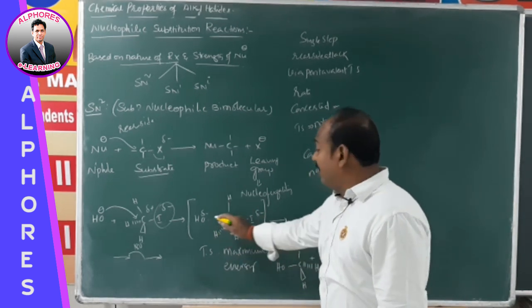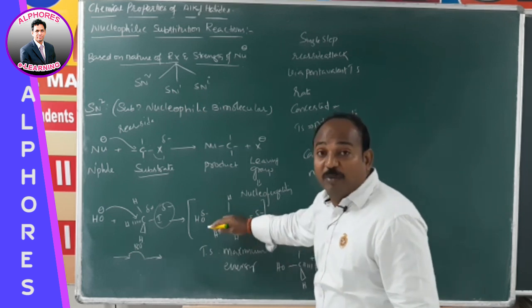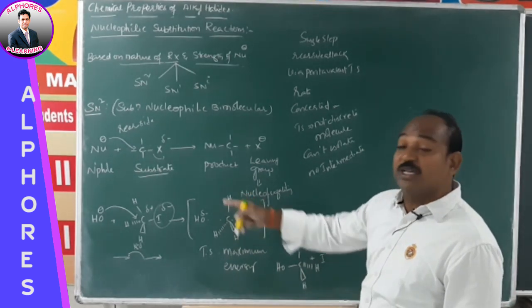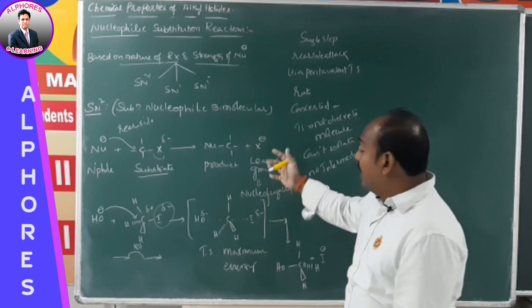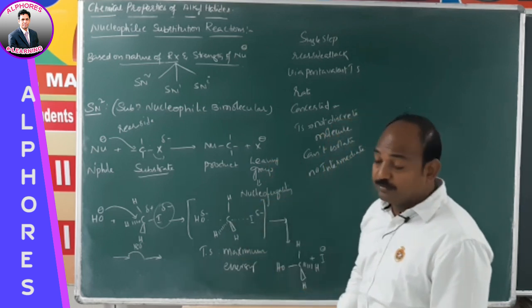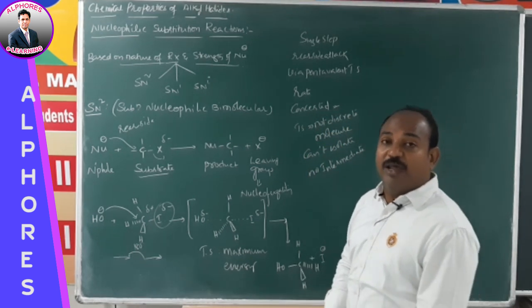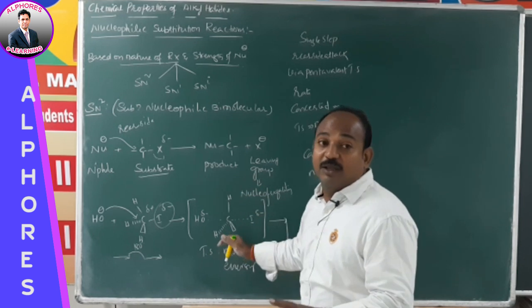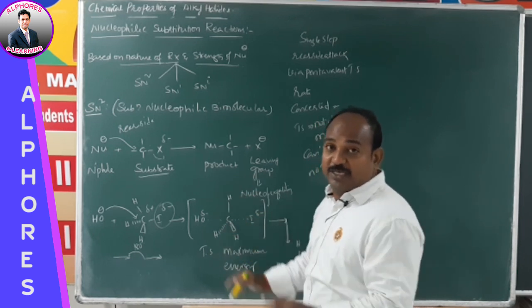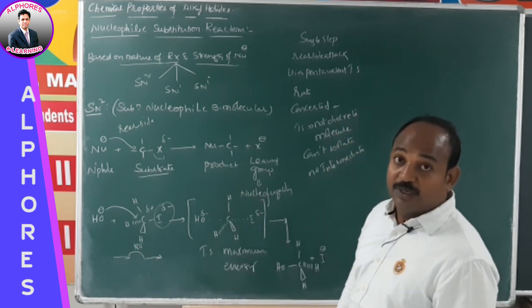It is very clear that between the departing group and the attacking nucleophile the bond angle is 180, as we just discussed. And these three remain in one plane. This is pentavalent. Five bonds are there, five bonds containing carbon. So we have to say a pentavalent transition state.